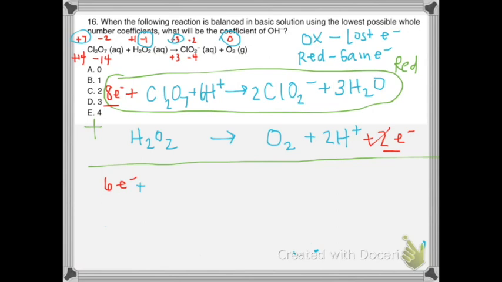And then I'll have my Cl2O7, my hydrogen peroxide. But now I need to stop and think about the H+, because I have H+ on both sides. So we'll cancel the 2H+ from the right, and have 4 H+ on the left.